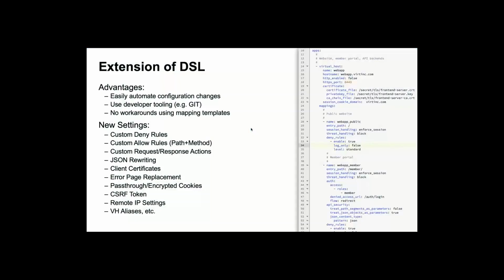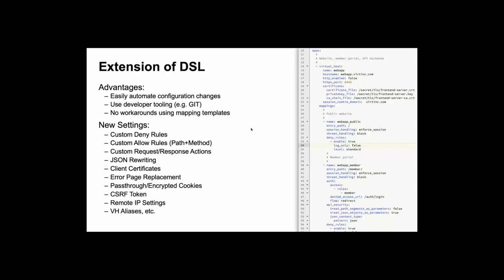So the DSL, the domain-specific language of the microgateway, is actually a YAML file. So the syntax is YAML, and the language is specific to the microgateway. And I think that's a very important part of the microgateway. When you come from an appliance setup where you have a graphical user interface and you need interactive mouse clicks to change a policy, that's a deal breaker if you're going into automation.